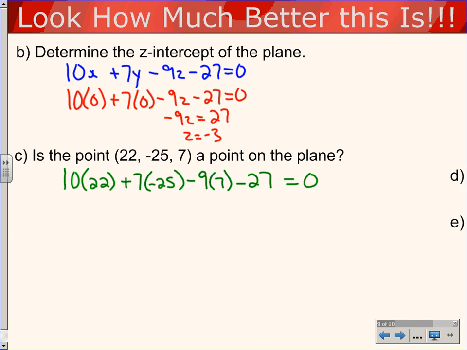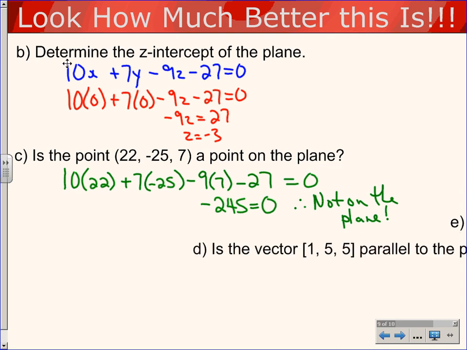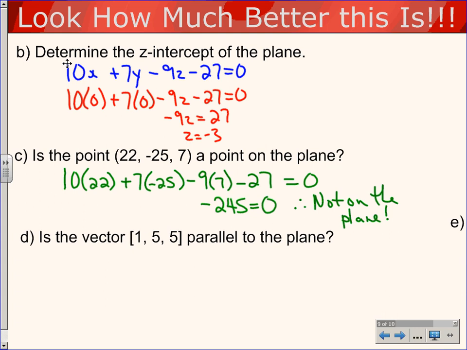D. I can't remember if we did this one or not. Is the vector 1, 5, 5 parallel to the plane? So I'm just going to get rid of these guys. Is the vector 1, 5, 5 parallel to the plane? This is an easy question too. We're wondering about the vector 1, 5, 5. What we know about the plane is we know the normal vector.